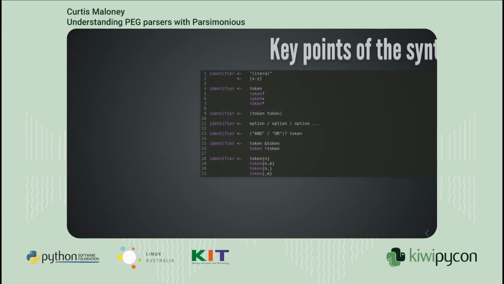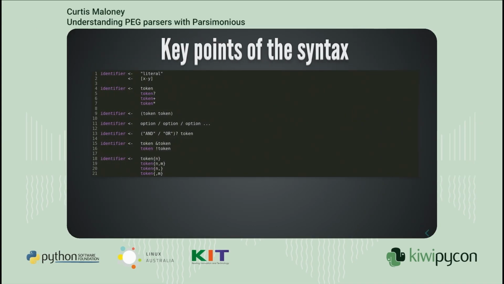A quick overview of key points of the syntax. You'll have an identifier and an arrow pointing to it saying this is described this way. So you can have literals, which can be either a literal string or a range of characters. You can say that an identifier is another token, or maybe a token if you've got a question mark, or one or more of this token if you've got a plus, it's very regex-like, or zero or more of the token if you put an asterisk.